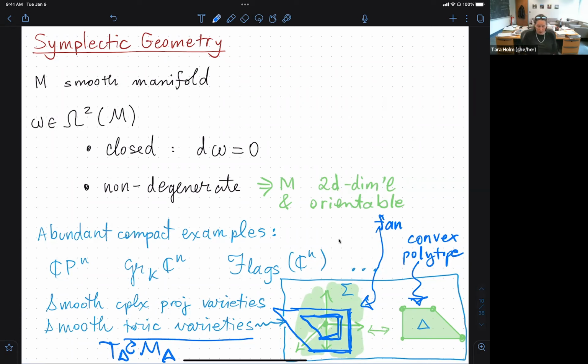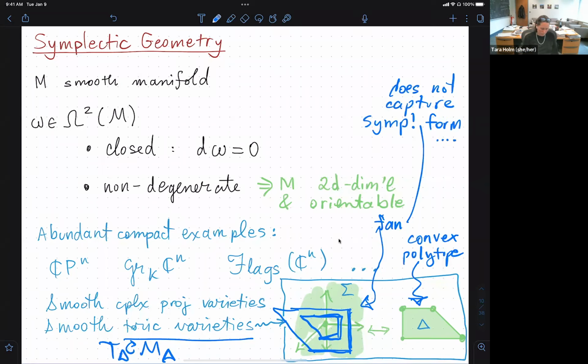The size of the polytope has to do with the symplectic volume of the manifold, and this fan does not capture that.